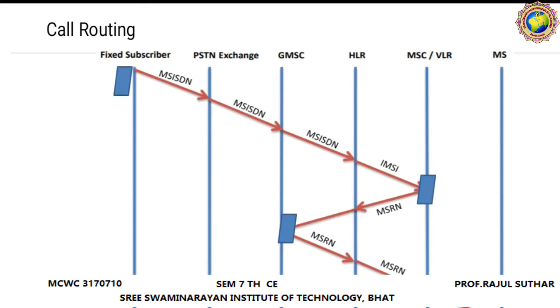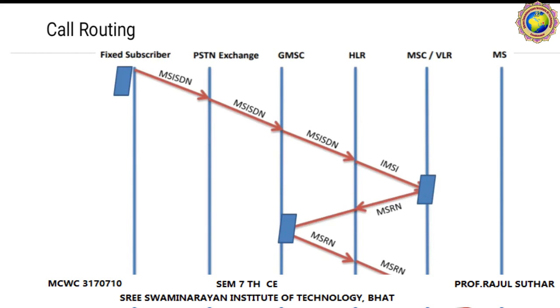The scenario starts with the GMSC asking the HLR, home location register, for the mobile station roaming number, MSRN. The HLR typically only stores the address of the subscriber's current VLR.